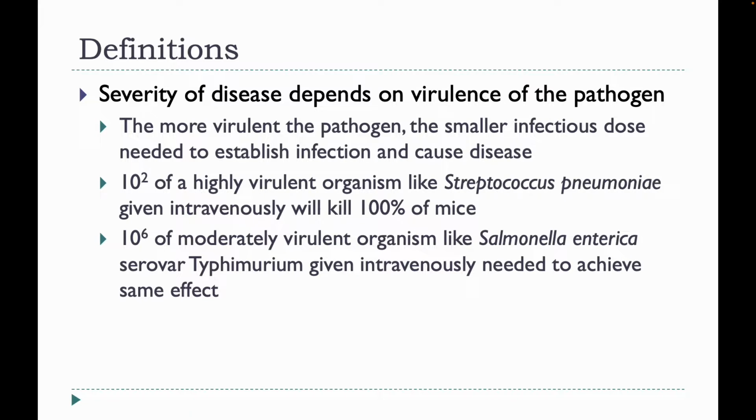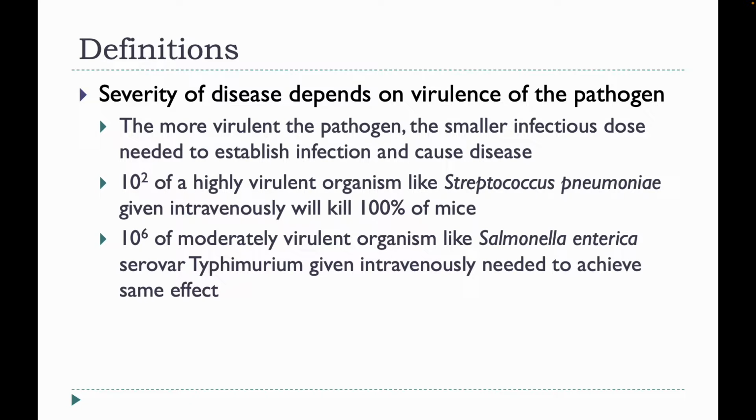And the severity of disease depends on this property known as virulence of the pathogen. The more virulent the pathogen, the smaller the infectious dose needed to establish infection and cause disease. So if we take an organism like an encapsulated Streptococcus pneumoniae, you can kill mice, if that's the sort of thing you like to do, with just 100 cells injected into a mouse.